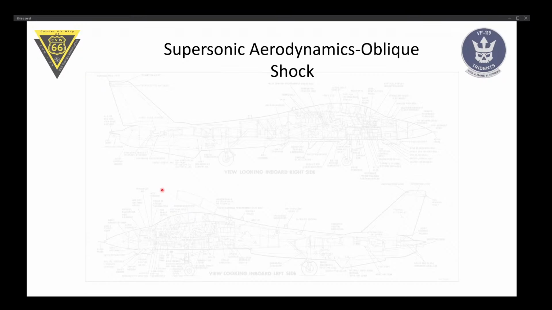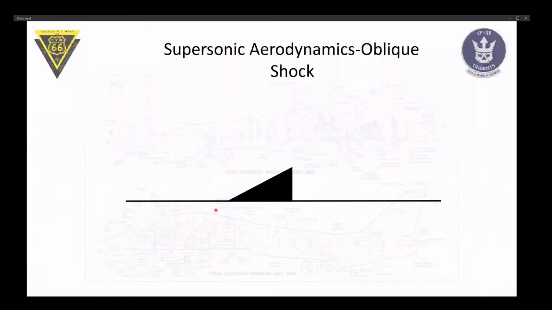The next concept I want to introduce is the so-called oblique shock. This is a shock that comes at an angle. We're going to need that later, but just imagine this small setup. Again in 2D, we have just a channel. This is the floor, and then we have some wedge, which we place into the airflow. We have some supersonic airflow coming here, and this airflow is getting deflected by the wedge.